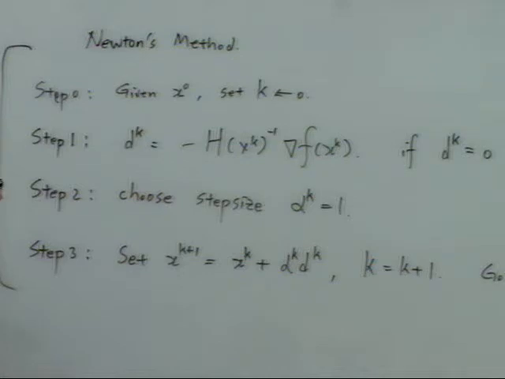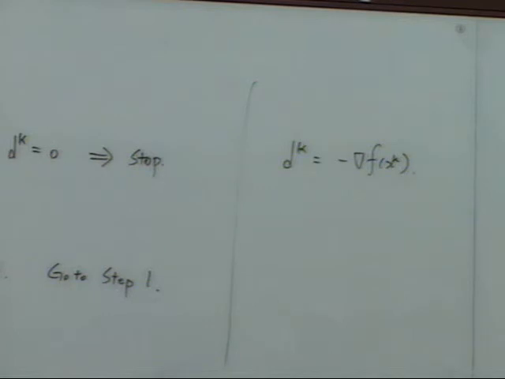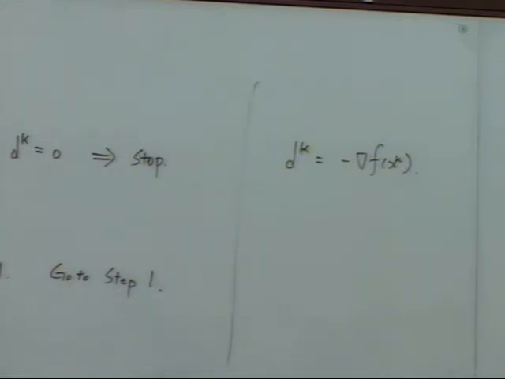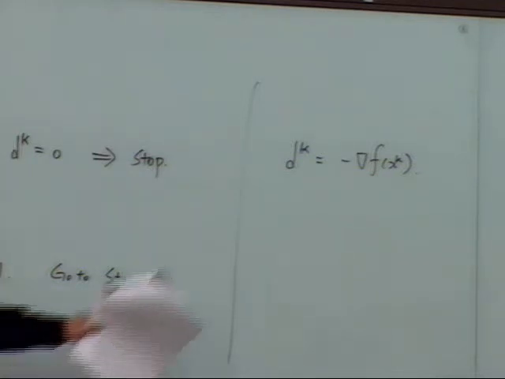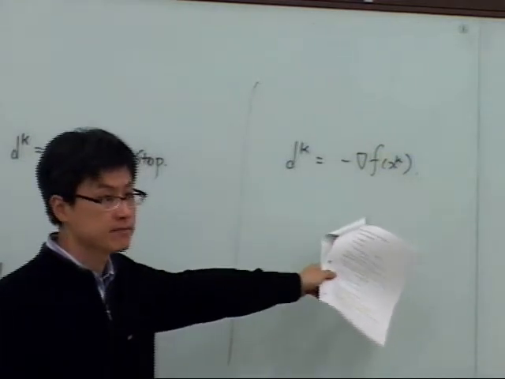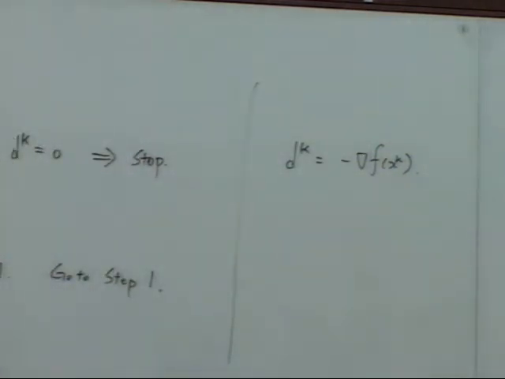The most important thing compared to the steepest descent algorithm is that the steepest descent algorithm utilizes the gradient, but in Newton's algorithm, you utilize the Hessian. The gradient is the slope of the function, and the Hessian is the curvature of the function.